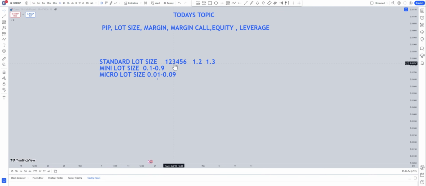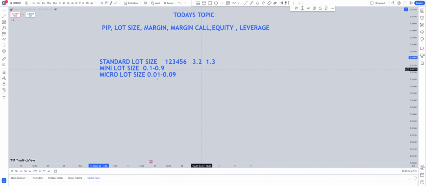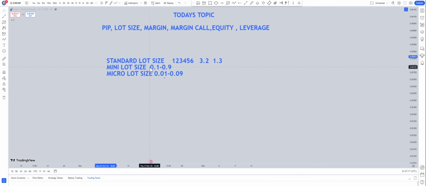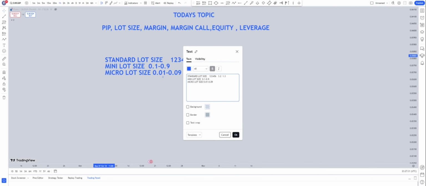So for standard lot, anything around 1 lot, 2, 3, 4, 5, all those are called standard lots. Something like 1.2, 1.3, and so on is also a standard lot, and it might also be something like 3.3. While mini lots always start from 0.1 to 0.9, and there can also be other figures around it.